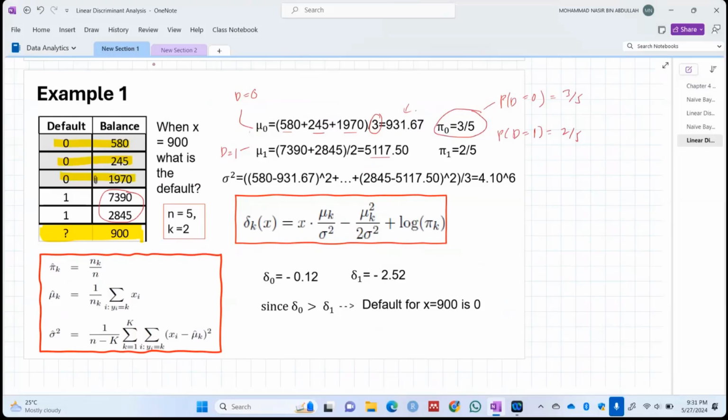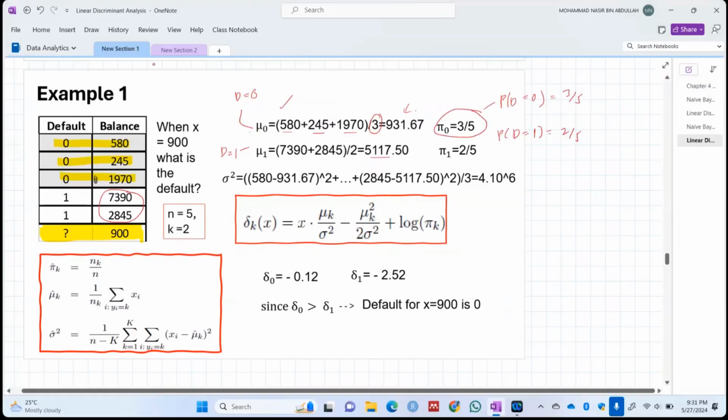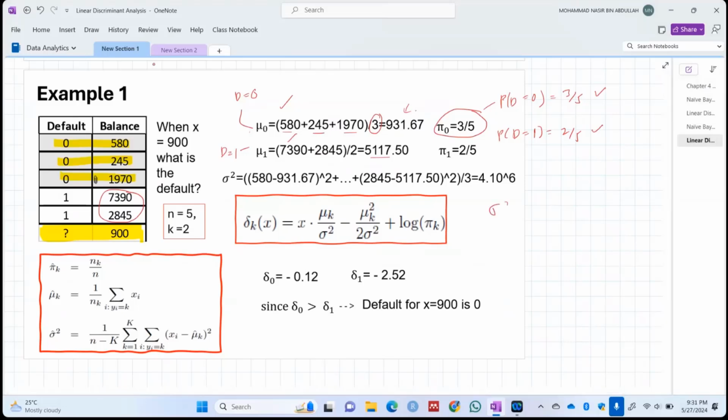Now, once you already obtain the value of the mean for each class and the prior probability, we need to calculate the pooled variance. The pooled variance is the summation of (xi minus mu k) squared, divided by n minus k.